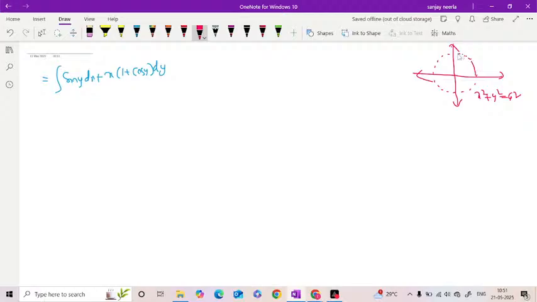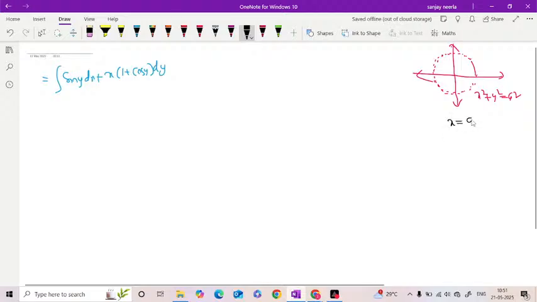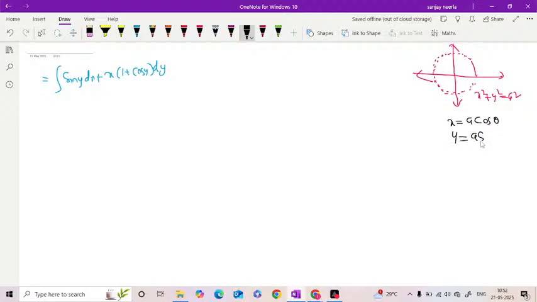That means you have to take the total path. By converting in terms of polar, x is equal to a cos theta, very good, and y is equal to a sin theta.